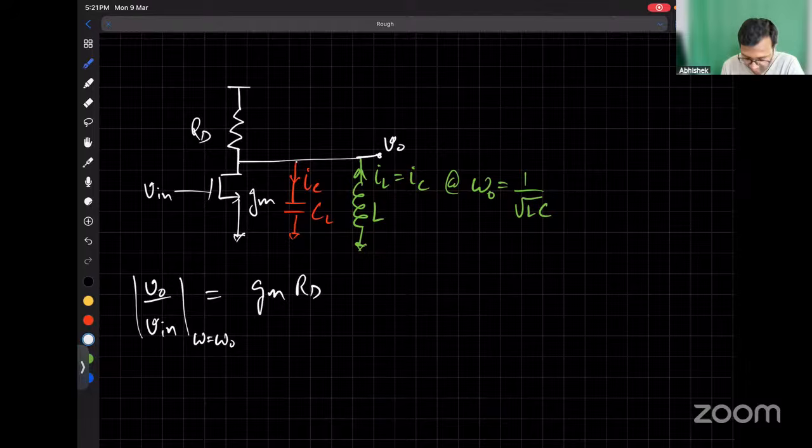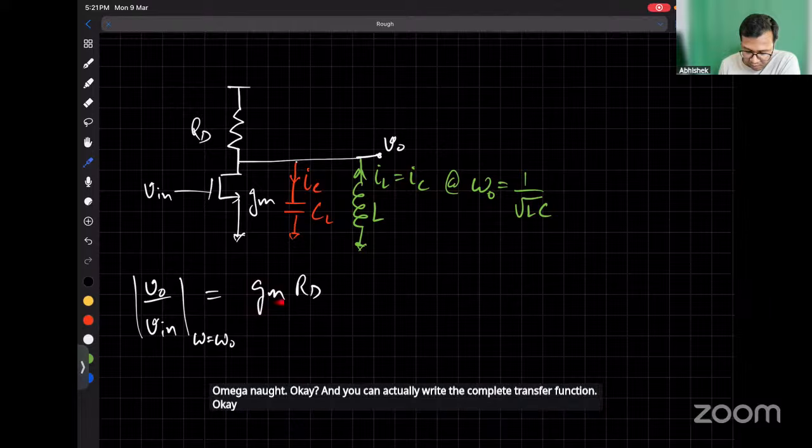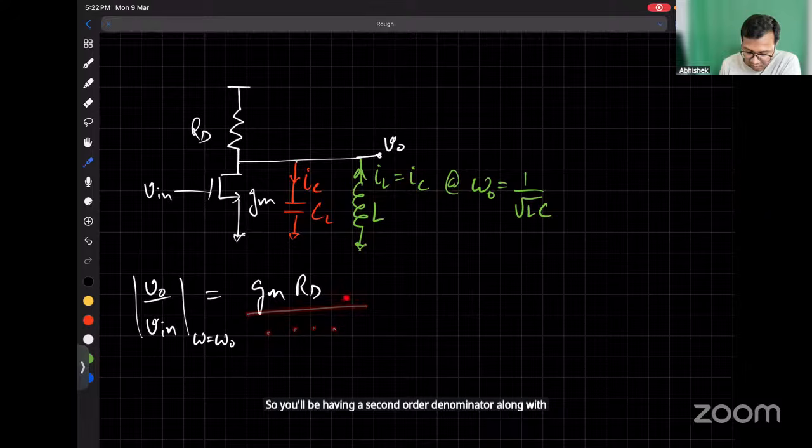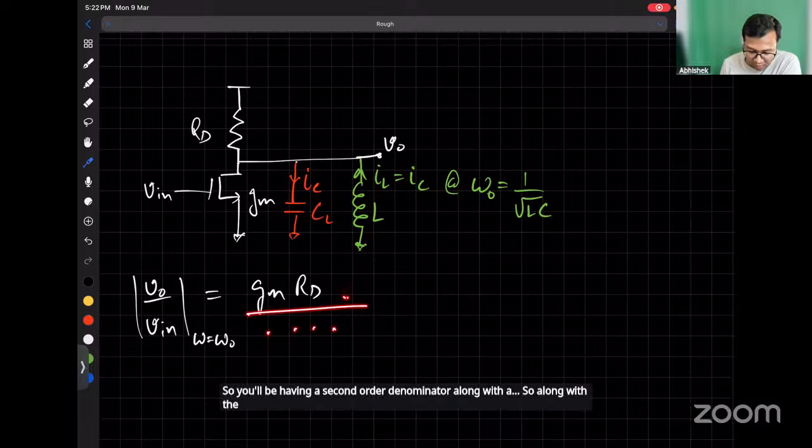Okay. And you can actually write the complete transfer function. Okay. So if you write the complete transfer function, you will be getting a band pass kind of response. So you will be having a second order denominator along with a 0 at origin.